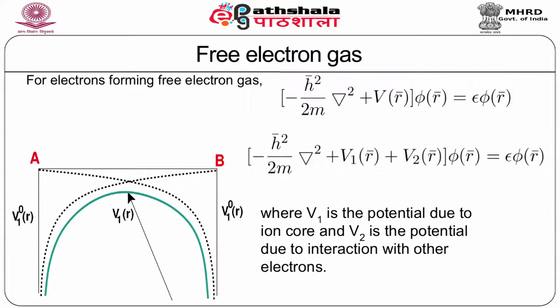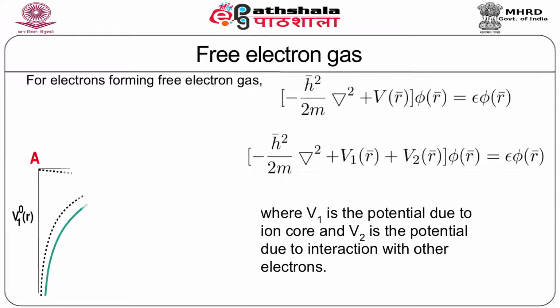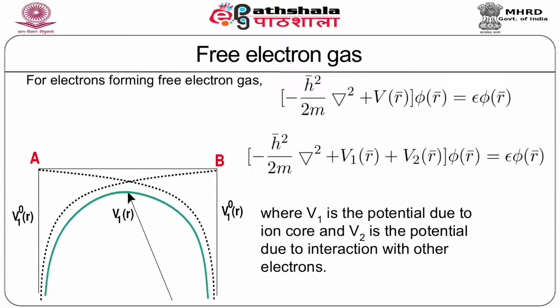The variation of V1, which is the potential due to the ion core, between two sodium atoms sitting at site A and site B, as will be discussed at length in the next slide, is shown here.